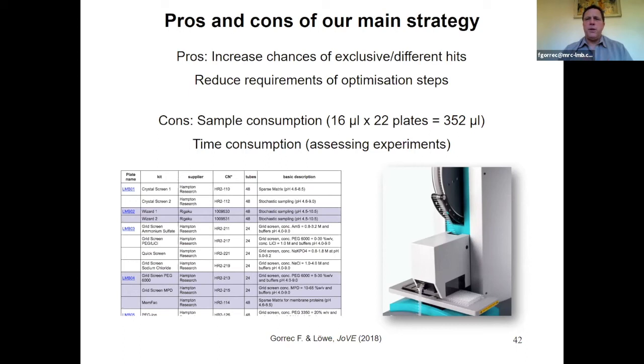I don't think you ever have too many hits. And for sure, you reduce your requirements for optimization. This may mean that you have less work on sample preparation or crystal optimization later by screening more initially.